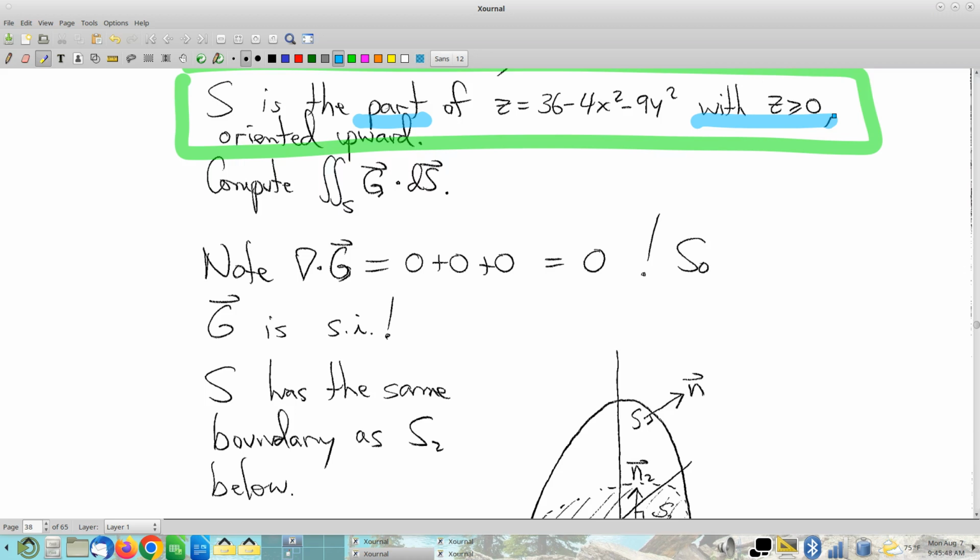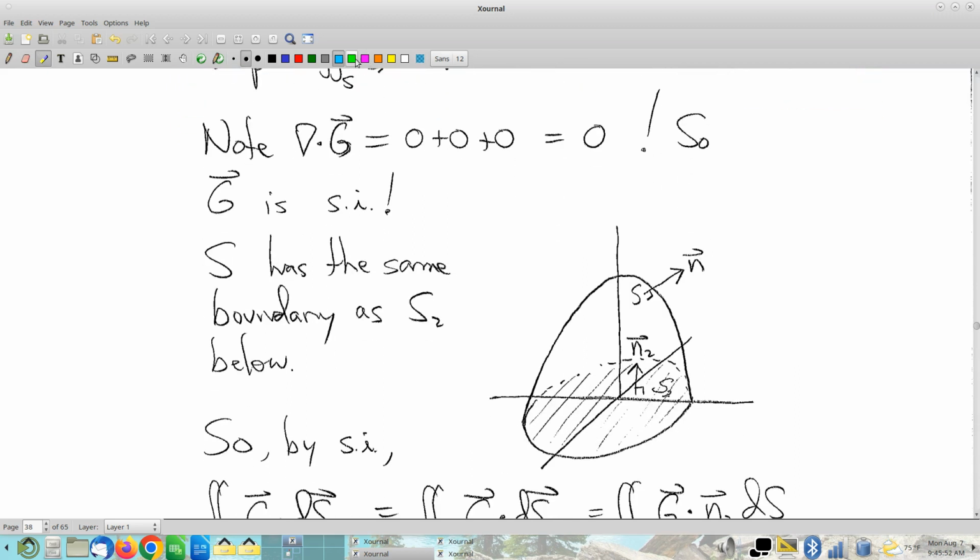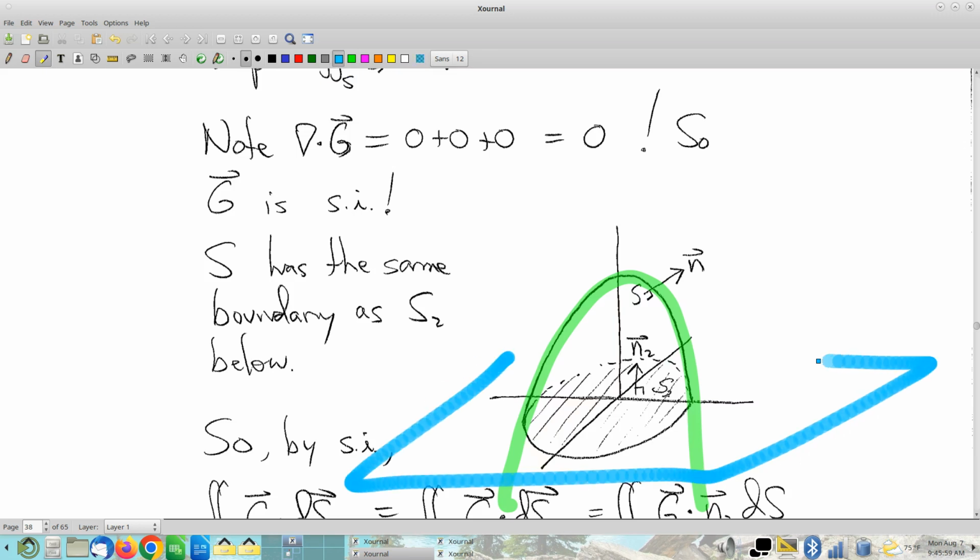Okay, so let's think about what that looks like. Here's a picture. There's an elliptical paraboloid like this. Z equals 0 is like this. So the part that is above z equals 0 is this right here. Everybody good? Okay.